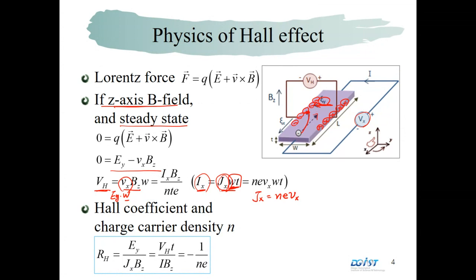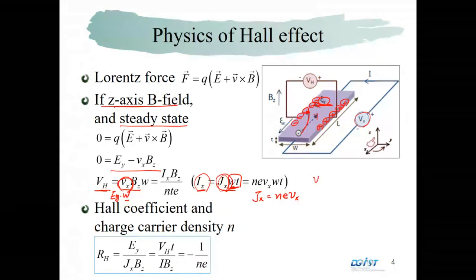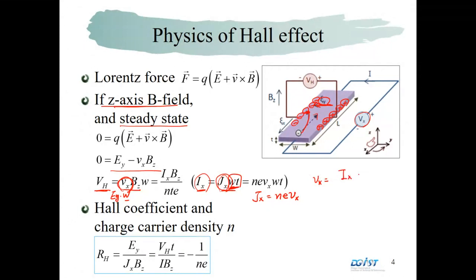We can use this relation several times. So by this relation, we can replace V_x by this relation. So we can drop the W here, and n T e is in the denominator, and I_x B_z.